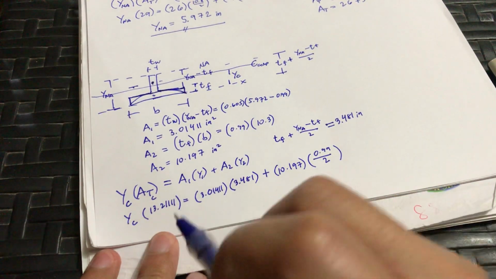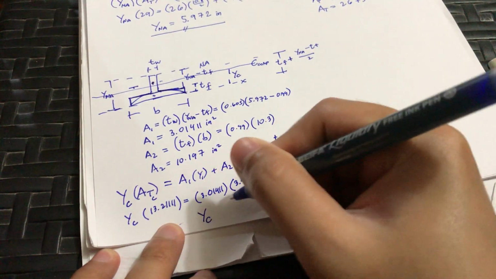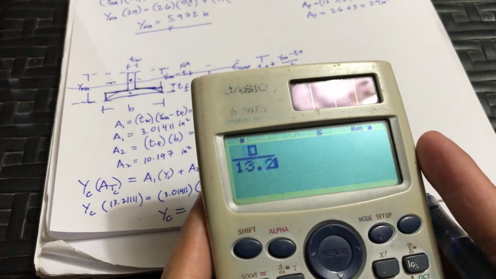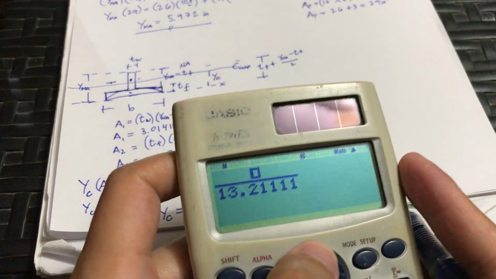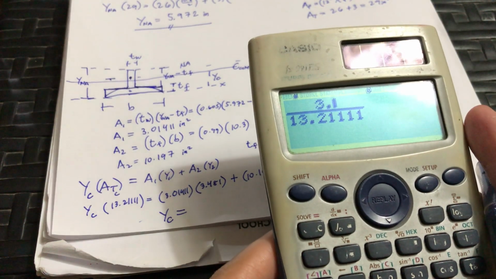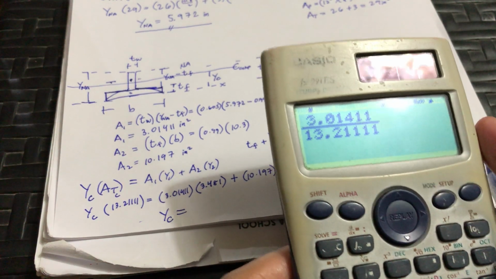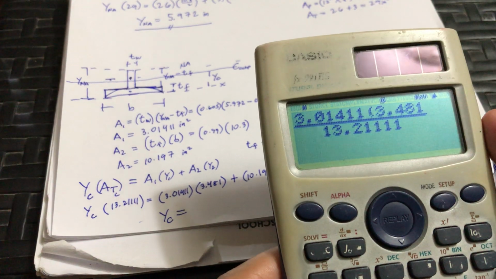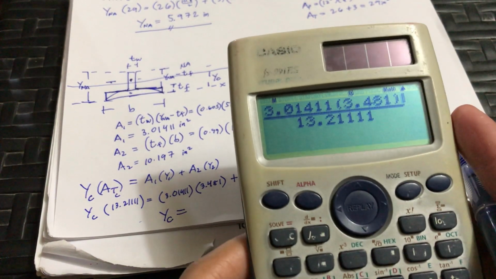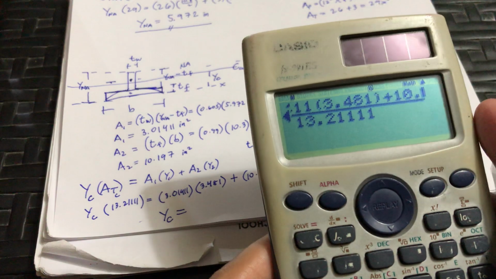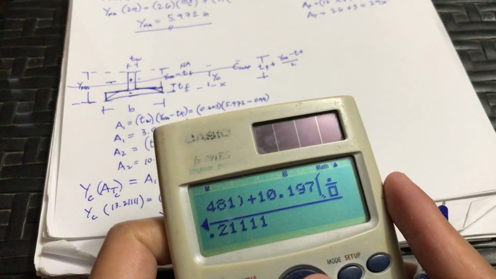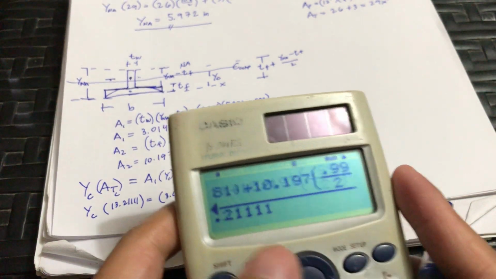So in this one, we only have one unknown, the YC. YC times 13.21111 equals 3.01411 times 3.481 plus 10.197 times 0.99 all over 2.